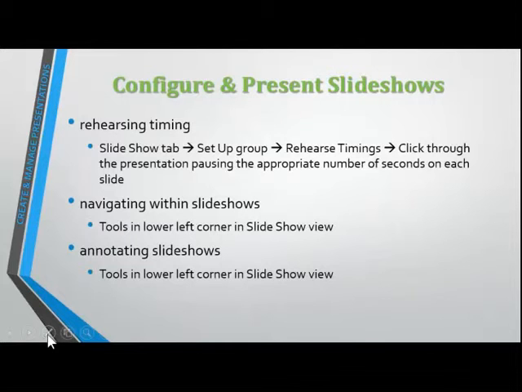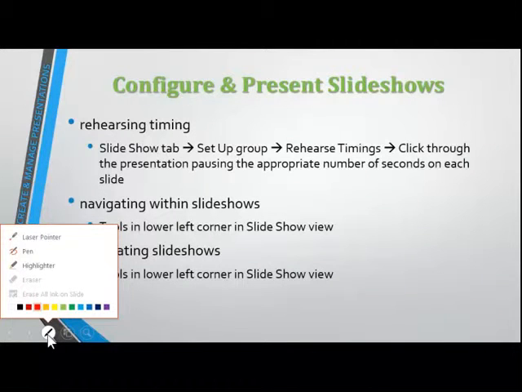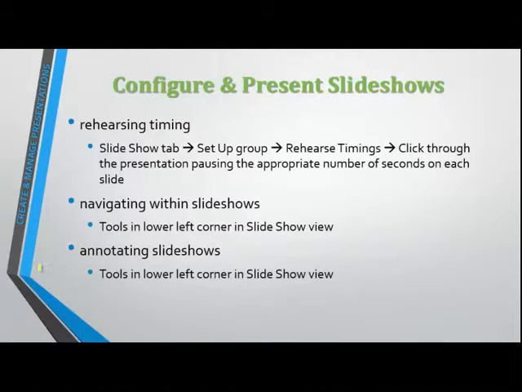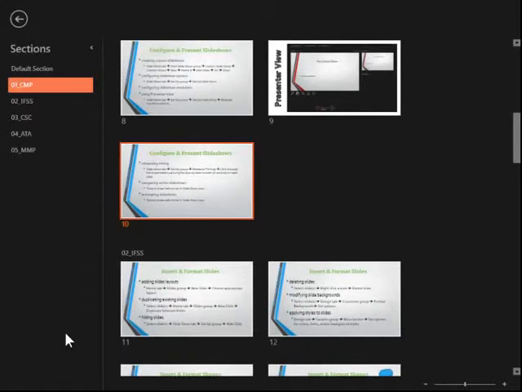You can use the tools for annotation. You can change it to a laser pointer. You can use a pen or a highlighter if you need to make marks on the slides. You can quickly switch to a different slide in the presentation.